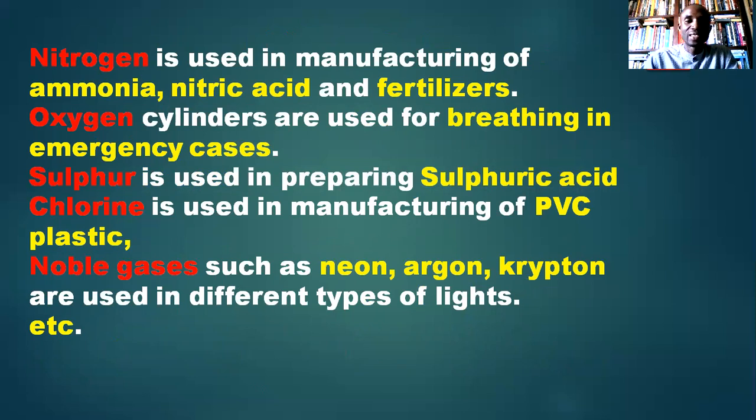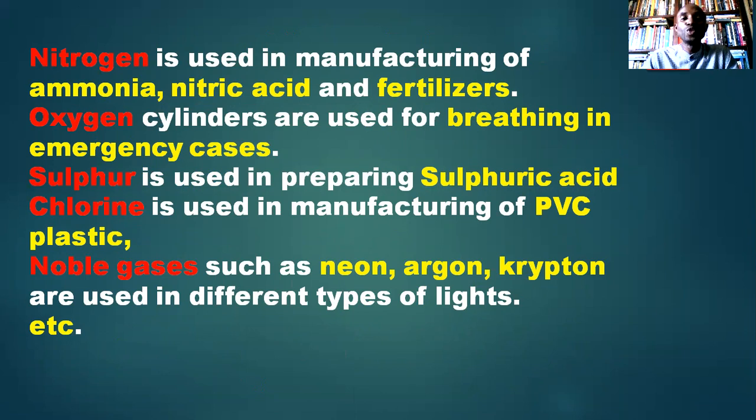Oxygen cylinders are used for breathing in emergency cases, of course in hospitals. Sulfur is used in preparing sulfuric acid. Chlorine is also used in manufacturing PVC, polyvinyl chloride, and plastic, which we use in our houses. Noble gases such as neon, argon, krypton are used in different types of lights.